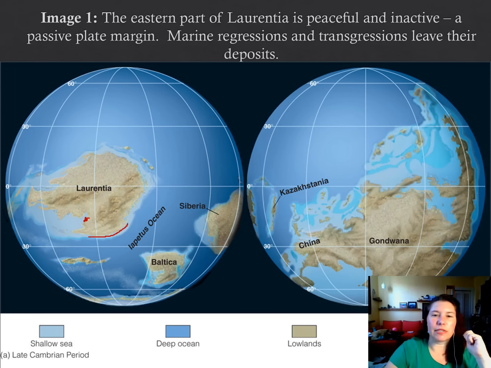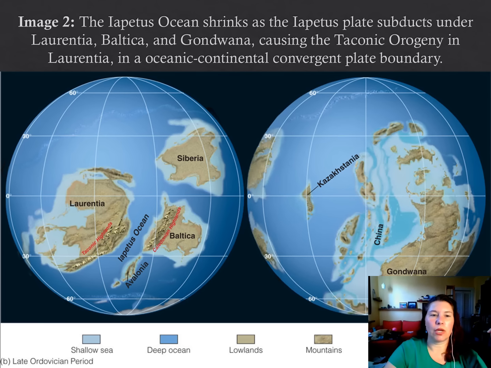But so the Iapetus Ocean, and then with more dense, cold oceanic rock, this begins to sink down and begins to create a subduction zone. And that's what's going on with picture 2, where we have some subduction taking place. Baltica, Caledonian Highlands.